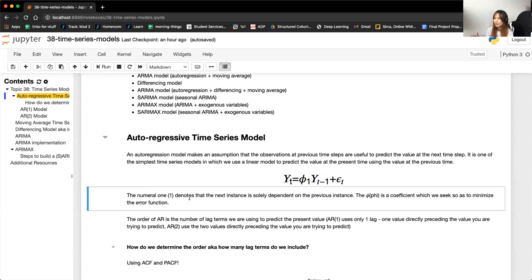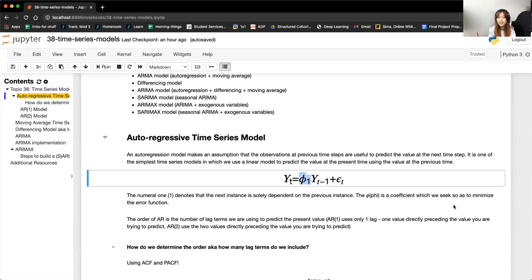The one denotes that the next instance is solely dependent on the previous instance. That's usually when you have AR1. And this, again, is a coefficient, very, very similar to linear regression. As you can see here, it's actually a linear model because you're multiplying your variable, the variable being yesterday's price, by a coefficient.